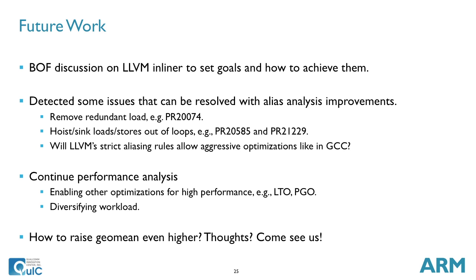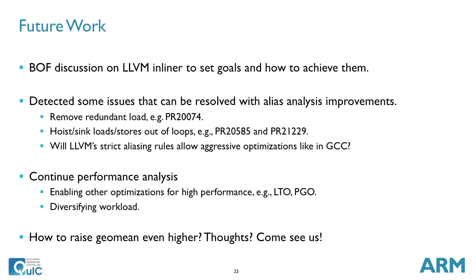We wonder if LLVM's strict aliasing rules will eventually get us to that level of allowing more aggressive optimizations, as we see in GCC. So we'll probably engage with the community to see what the roadmap for alias analysis is and how much performance we can expect to gain from the optimizations it can lead to.